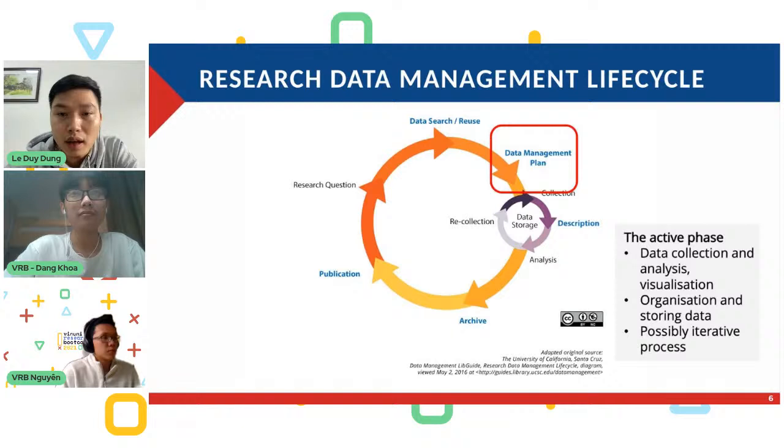In the next phase, what's happening is that you have the data, right? You collected the data. Either you have it from a public resource, or you collect it, curate it, and store it by yourself, right? You need to do some kind of data analysis, some kind of data visualization, which helps you understand the data that you have.